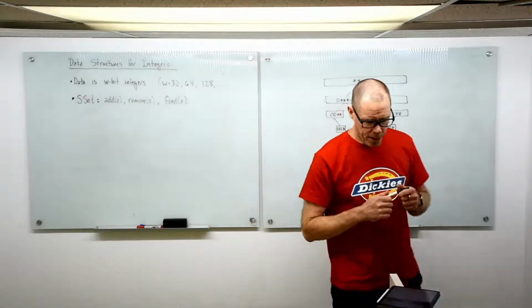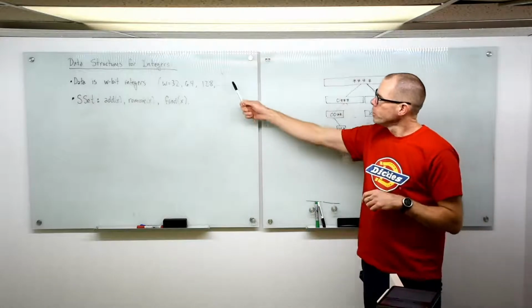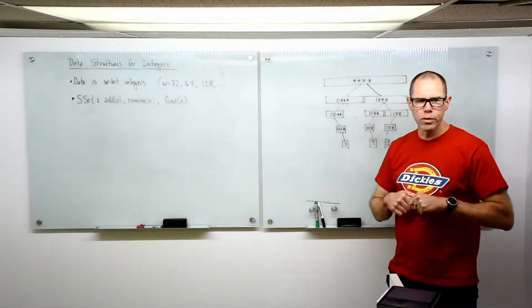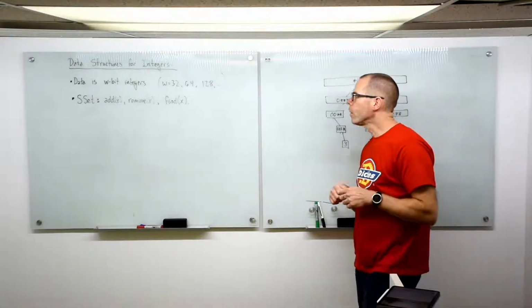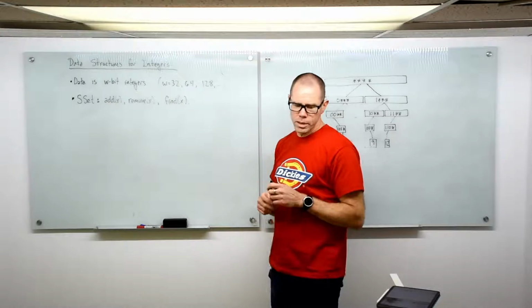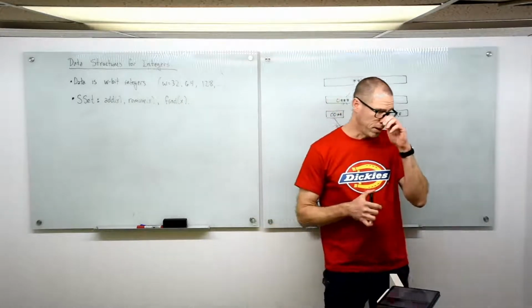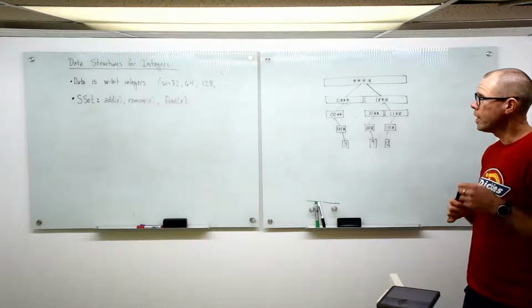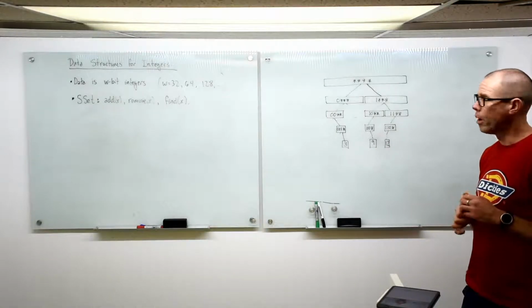Okay. And we want to do this. We'll assume that the data we want to store is W-bit integers, and common values of W nowadays are 32 and 64. So that might be the standard words in modern computers.